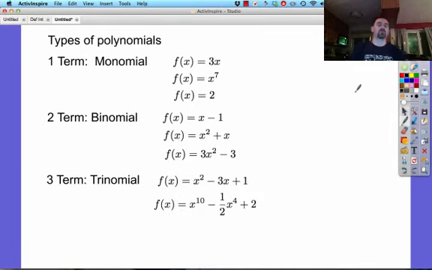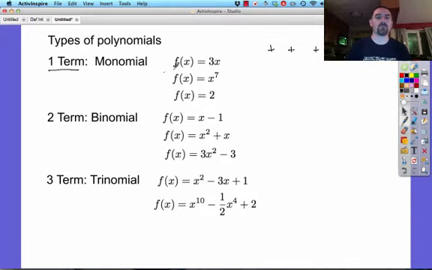Okay. So I want to introduce some terminology here that perhaps I was remiss in not mentioning previously, and that is types of polynomials. Now, we've talked about types based on their degree. These are types of polynomials where we base them on how many terms they have. Okay, a term in a polynomial is what we have in between the pluses or the minuses.